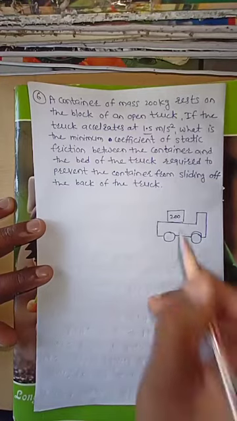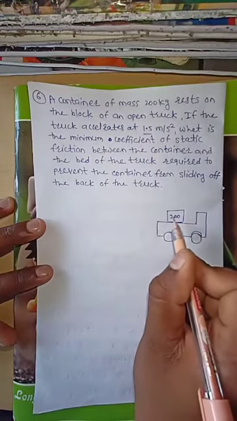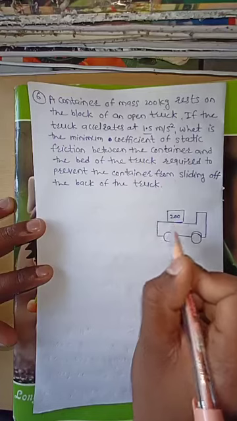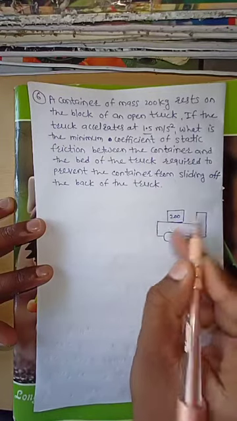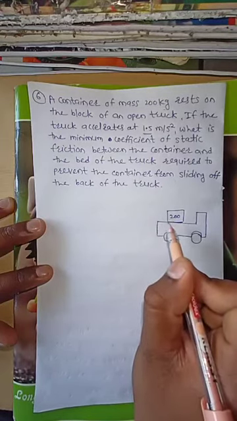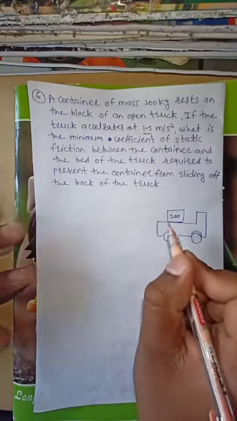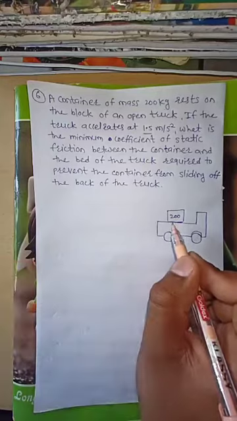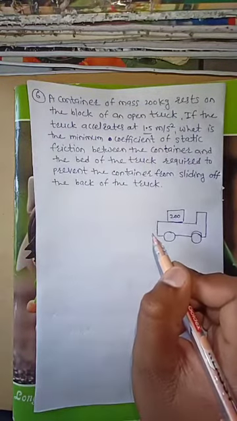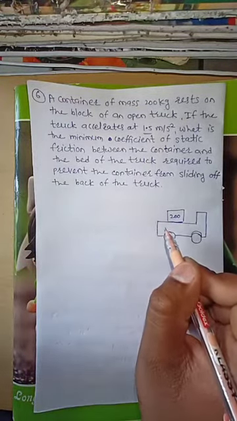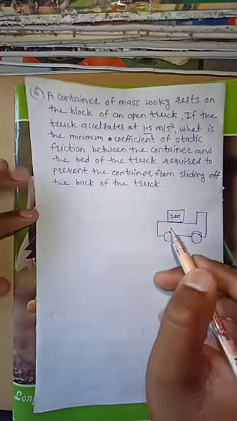In that case, what is the minimum coefficient of static friction acting on the block to prevent the block from falling on the road? Then in that case, what is the minimum coefficient of static friction?